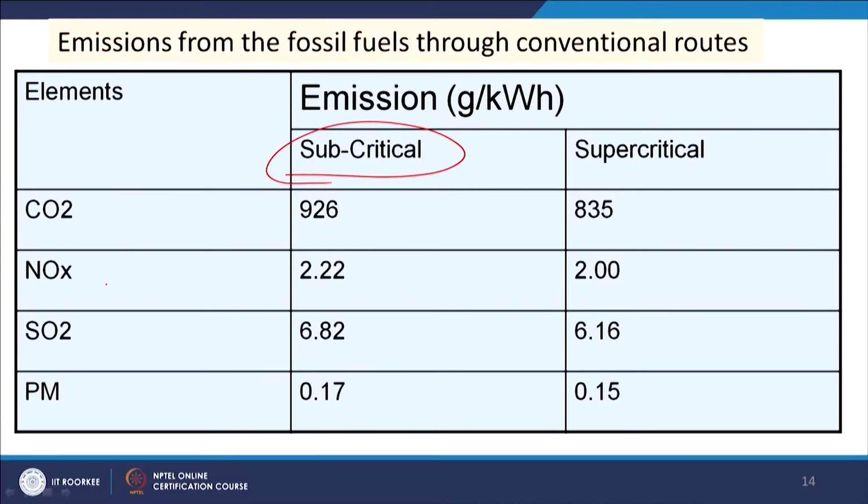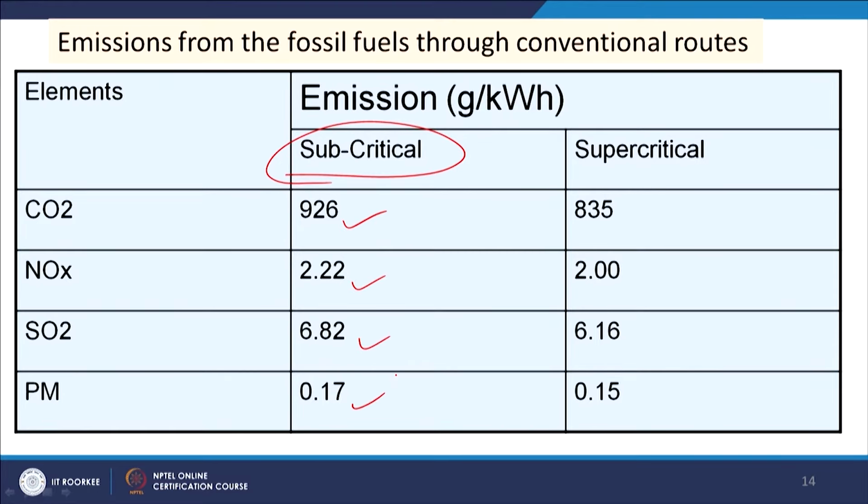Now, this table shows us the conventional route in which coal or fossil fuel is burnt in a furnace and the flue gas is used for the production of steam, and then the steam is used in the steam turbine to produce electricity. This steam production basically takes place in subcritical condition, where carbon dioxide, NOx, SOx and particulate matter emissions are higher.